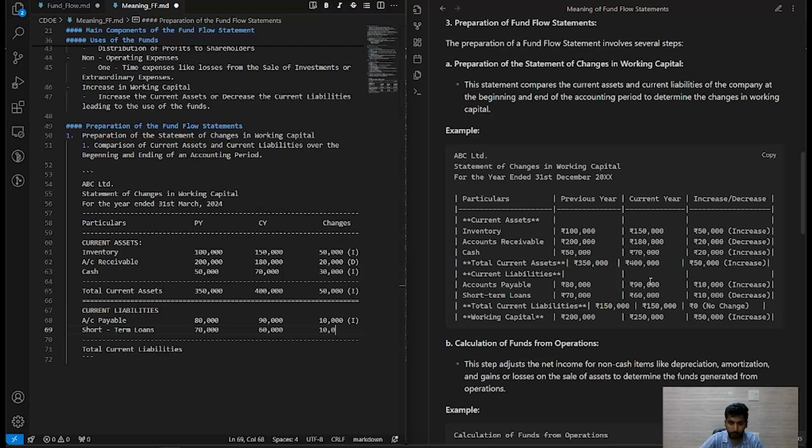That means a decrease of 10,000. So for the total current liabilities, we have 1,50,000 in the previous year and the same 1,50,000 in the current year, resulting in no change in the total current liabilities.